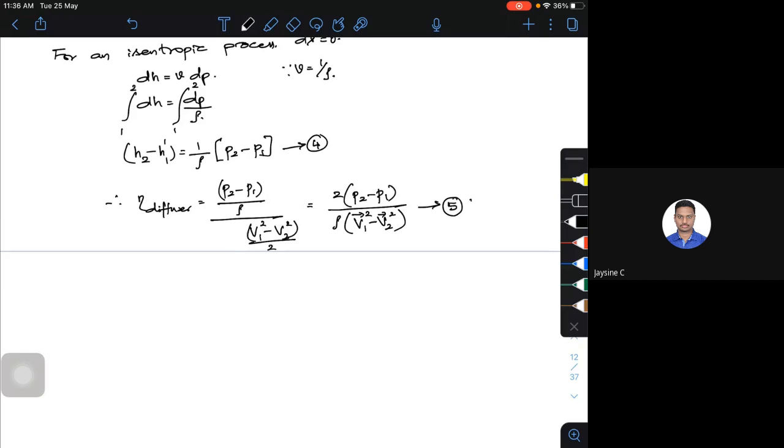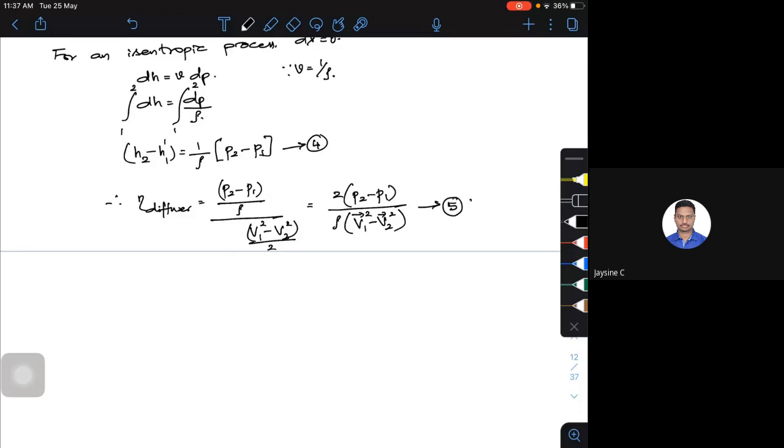Now, this is for a diffuser. Do we have a similar pressure loss for a nozzle? Yes, I think we just left it out. There is something called the pressure loss coefficient.